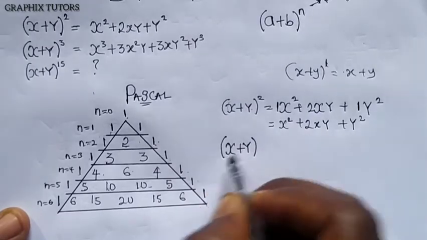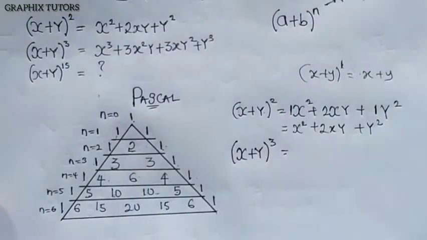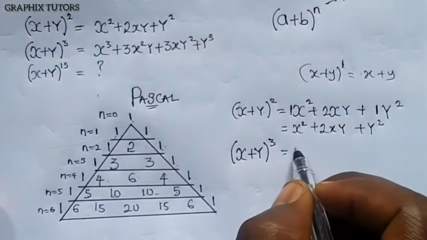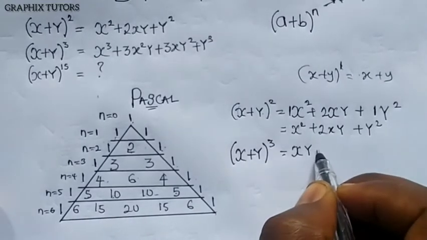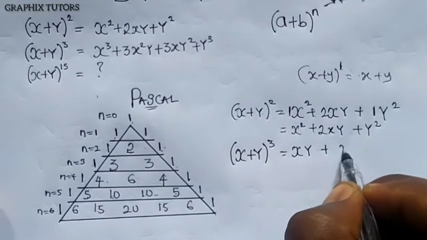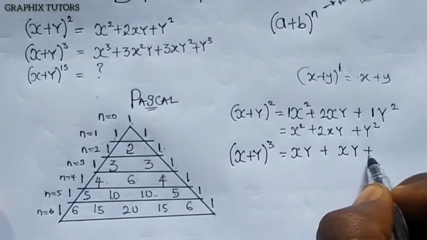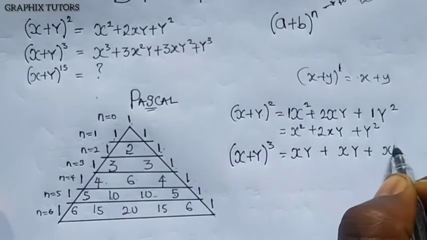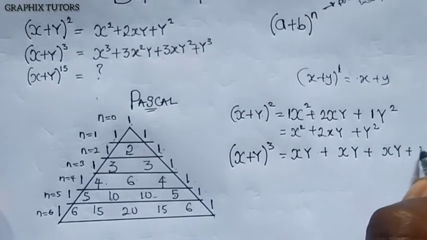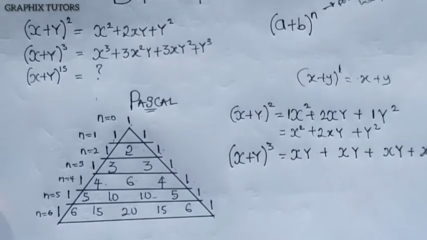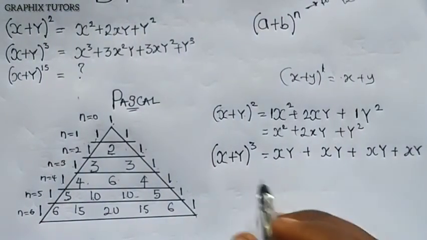What this simply means is, if I have another one that says (x + y) to the power of 3, what you do here is take x, y four times: 1, 2, 3, 4.